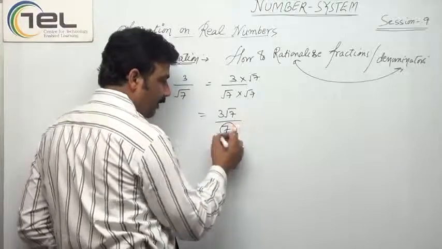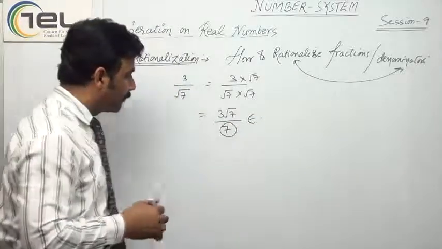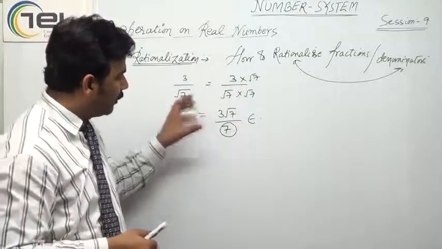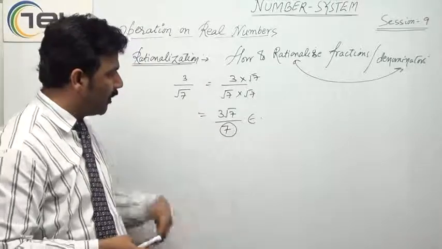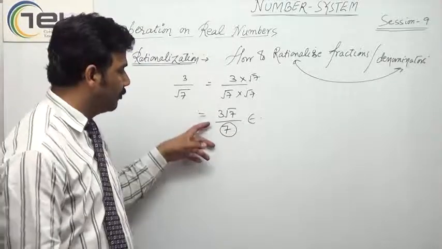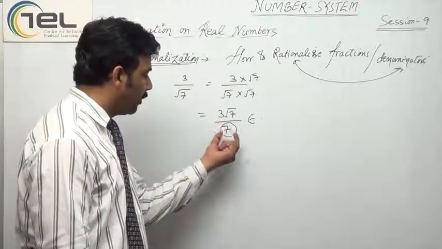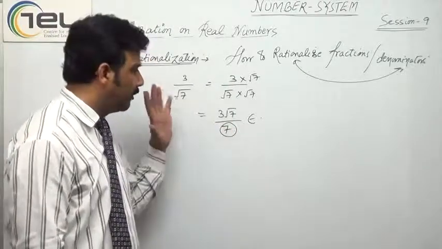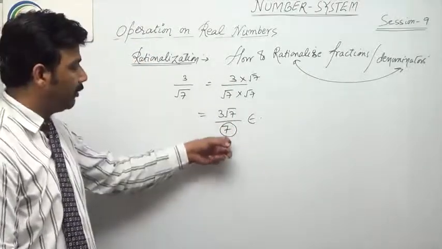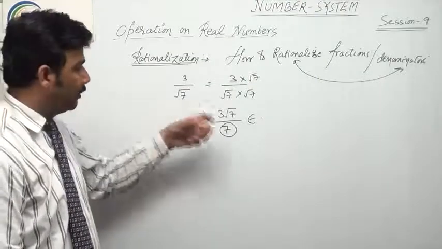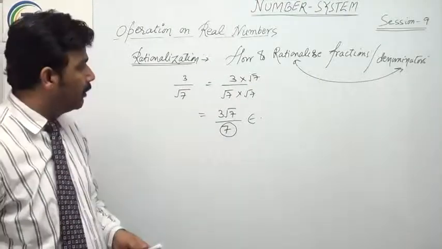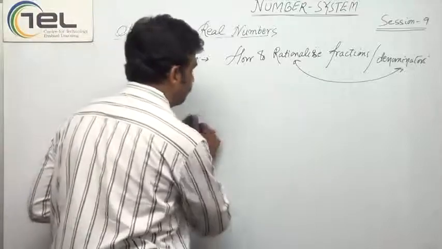This has been rationalized, and this is actually the form in which we normally have the answers. Denominator should be in a rational form. Numerator, whatever it is, no issue, but we have to have the denominator in a rational form. Clear? Let's see more examples.